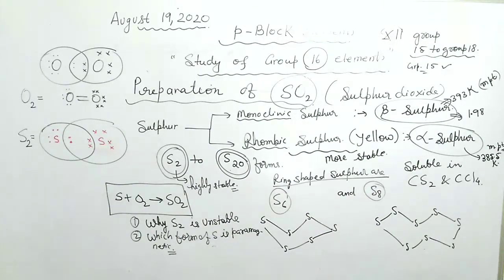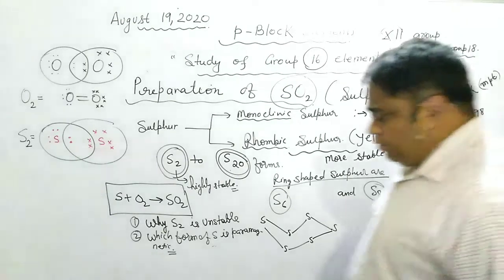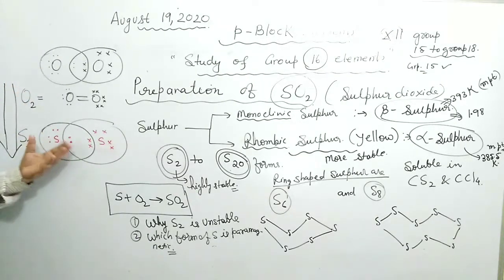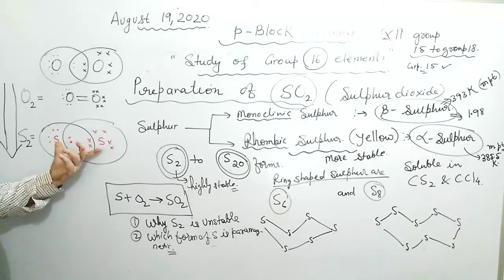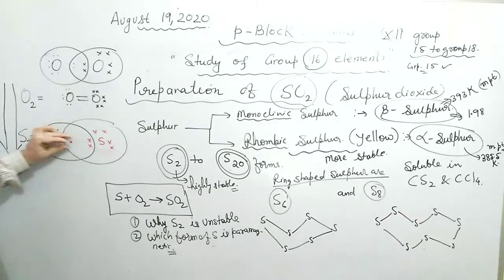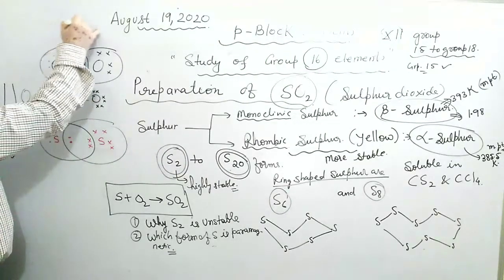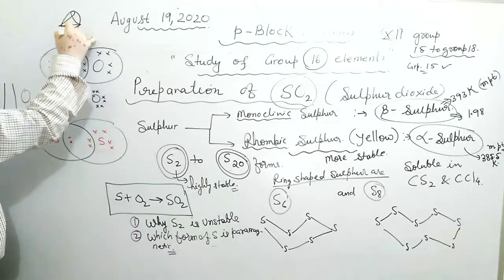You have to just apply a little bit of reasoning using the properties of the elements. As we go down the group, atomic radius increases. So the covalent radius will also increase, and the bond length will become greater. Here, due to the lateral overlapping of the p orbitals, a pi bond is formed.